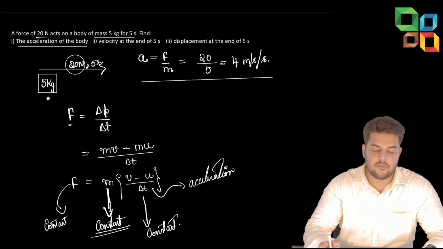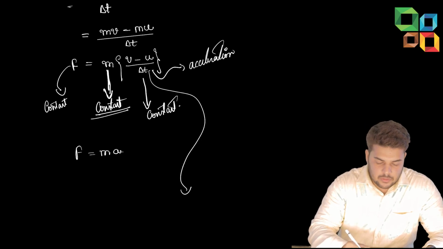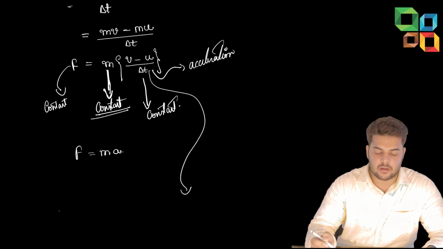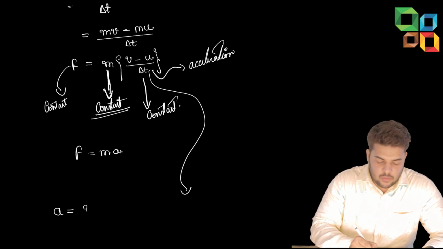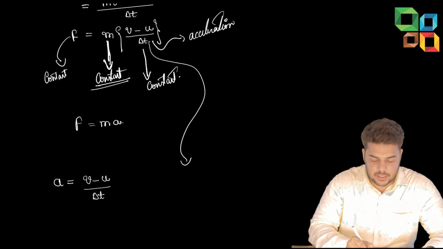What is the velocity at the end of 5 seconds? I can use this expression over here. We know that acceleration is equal to v minus u divided by delta t. I want v, the velocity at the end of the 5 seconds.